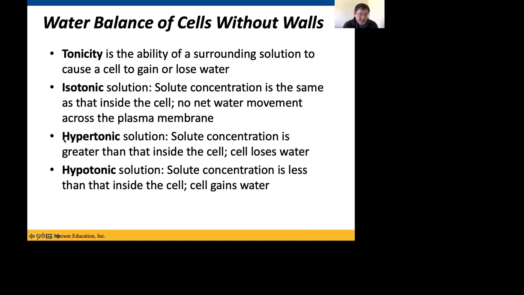Same thing, if the osmolarity of the extracellular solution is higher than the osmolarity of the solution inside of the cell, the extracellular solution will absorb more water from the cell. That's why the extracellular solution will be called a hypertonic solution.